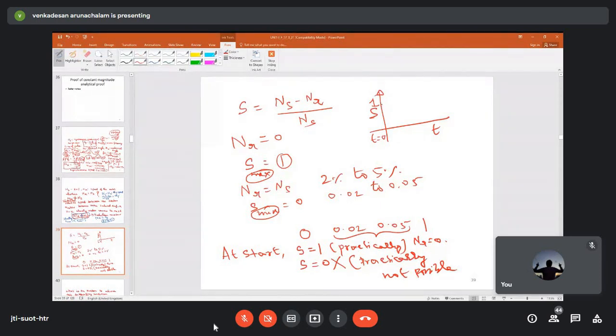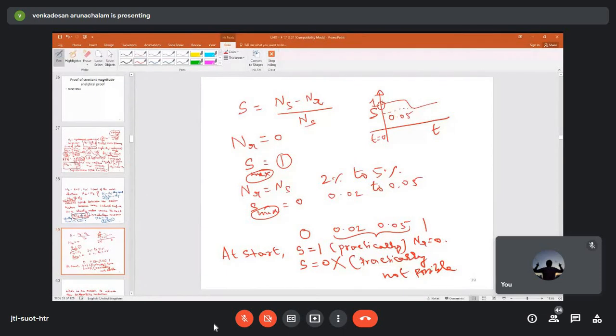Slowly, after some time, it will come to the design value 0.05. So initially the slip is 1 during the start of the machine, but the machine is designed to operate at a slip of 0.05.